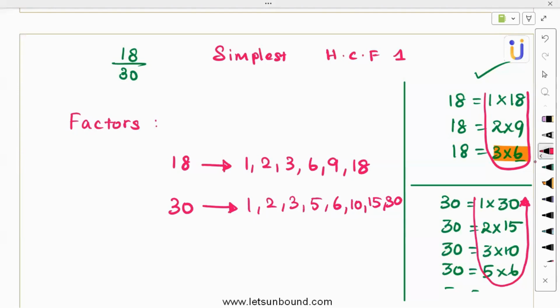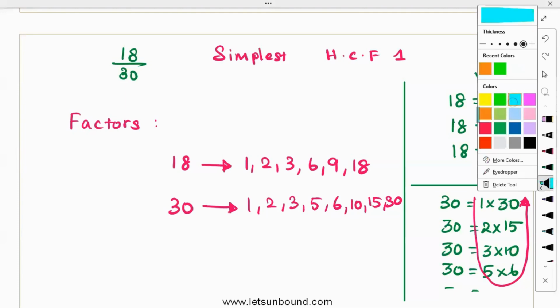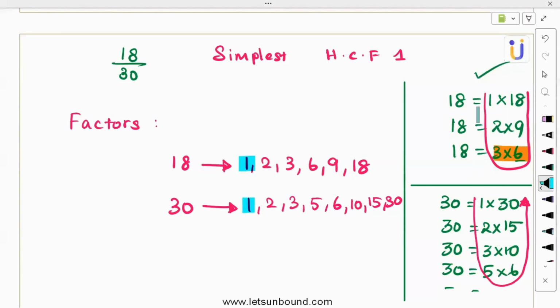So, the highest common factor. They have some common factors. 1 is a common factor, 2 is a common factor, 3, 6 is a common factor. Common factor means that a particular number appears in both the numbers.